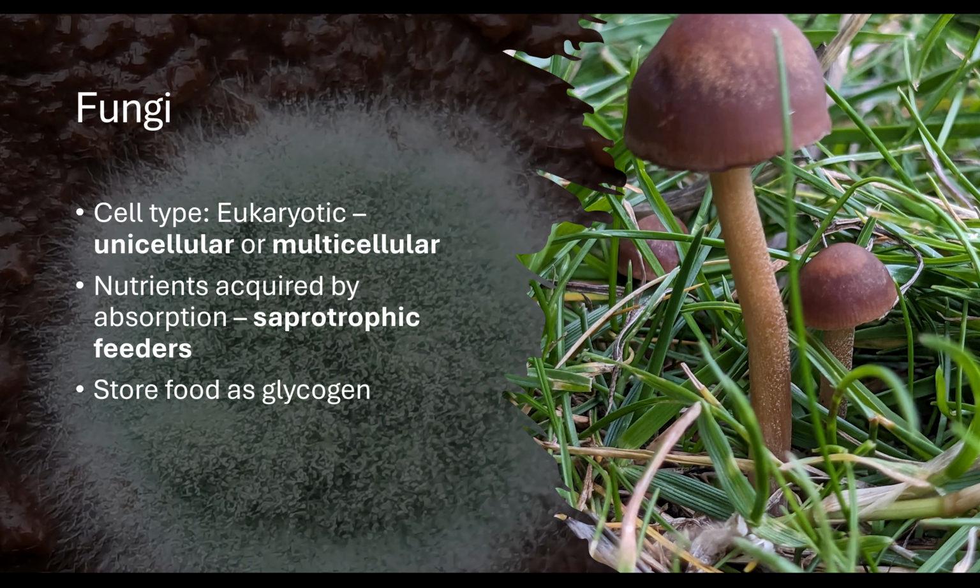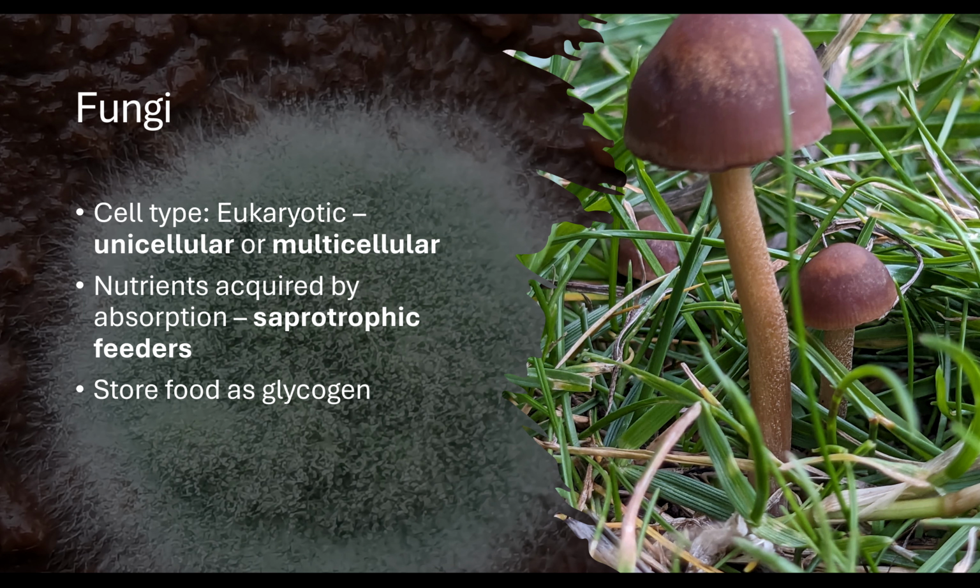So the fungi, it is important to note that they are eukaryotic. They store their food as glycogen. This is a new distinguishing feature for them, compared to the prokaryotes and compared to the protoctistas, because when we talk about fungi, they can be multicellular, and as they get bigger, they need a way of storing that food. So if they need to store it, they store it as the polysaccharide glycogen.